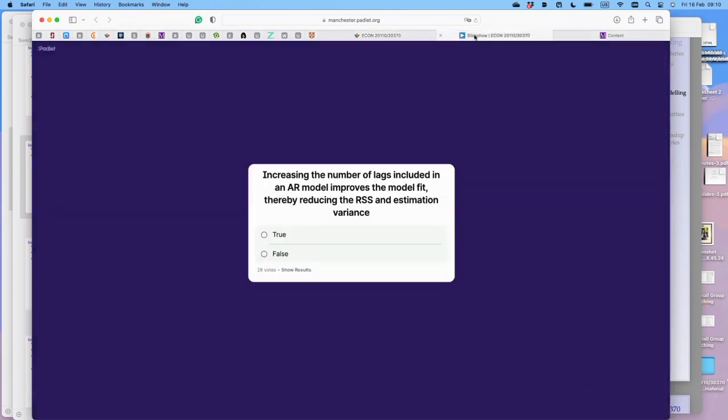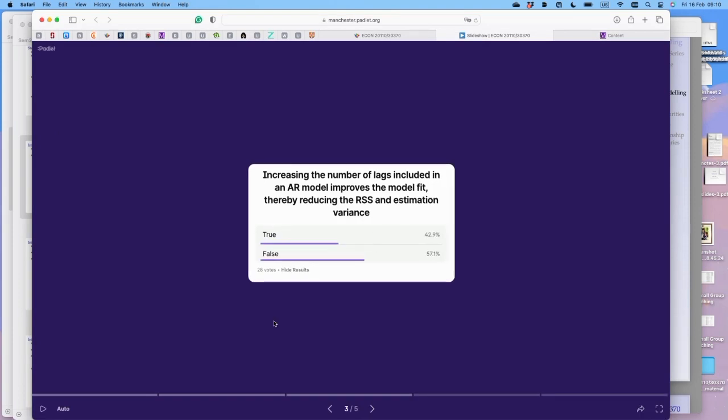Coming back to the second statement, do you think this is correct or false? I was about to say the majority wins, but then it suddenly becomes quite a balanced vote. So this is actually a false statement, okay?